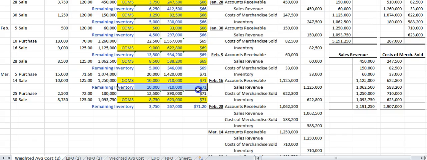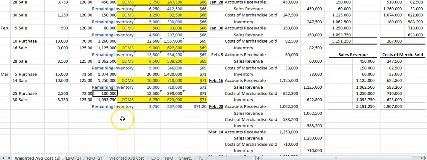and that's going to give me remaining inventory of $710,000 in value, right? We have another purchase here of 12,500. Sorry, see, that's where the confusion may lead. The purchase was for 2,500 units at $72. So we roll it down on a cumulative basis over here. 10,000 plus 2,500 gives me a total inventory weighted out of 12,500, and I had $710,000 worth of inventory.